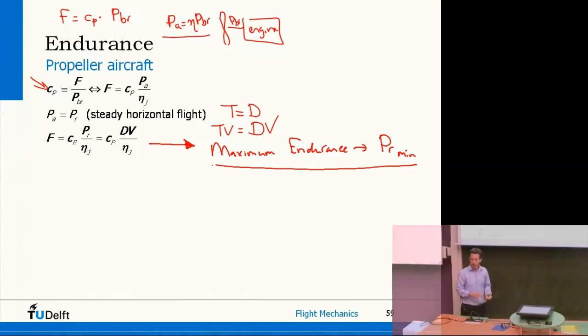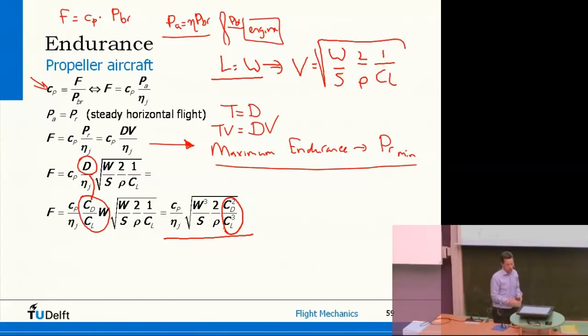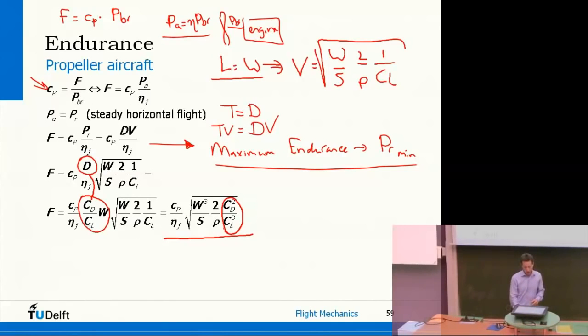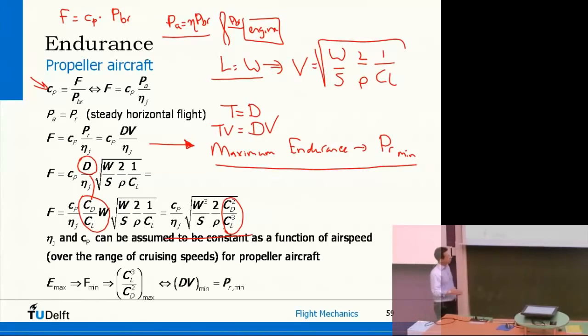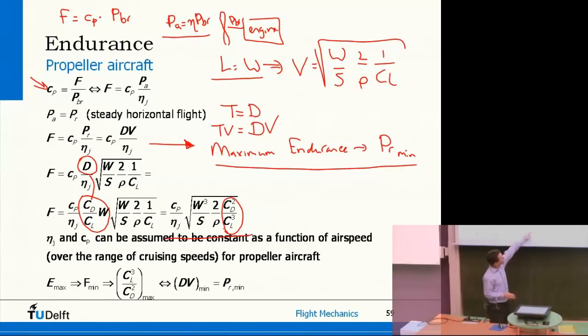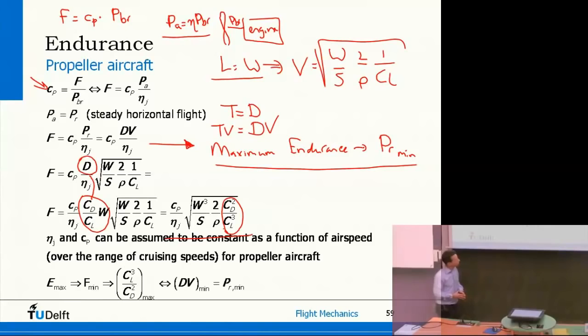It depends on the aircraft weight, wing surface area, air density, and this relationship which depends on the aerodynamics. Now CD and CL are again the only variables in this equation. So we want maximum endurance, so minimum fuel flow. So we want to maximize this ratio of CL to the power 3 over CD squared.